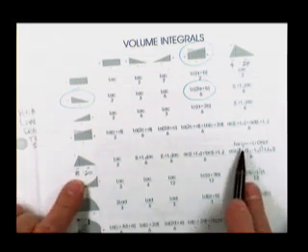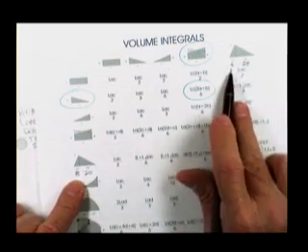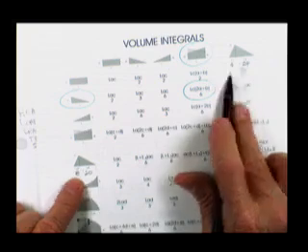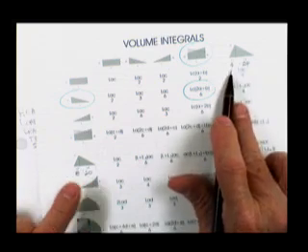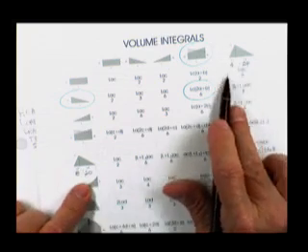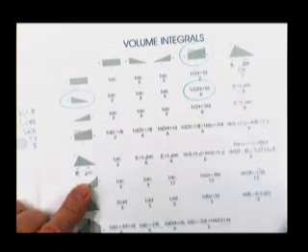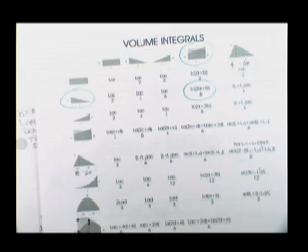L3 has to be shorter than L1. So you'll have to reverse these numbers. You'll have to bring the 4 down here, and the 24 down here, and the 8 up here, and the 20 up there. So you got to follow the rules that the guy did when he did the integration.